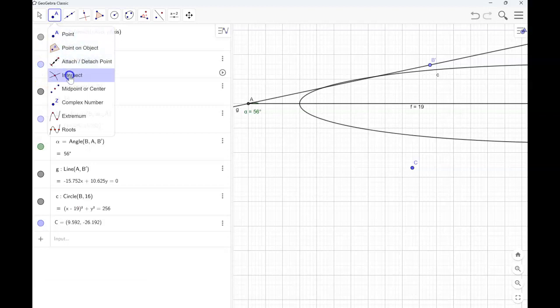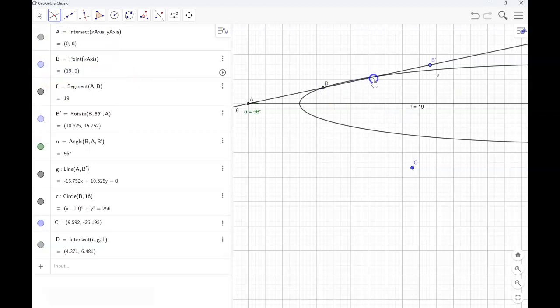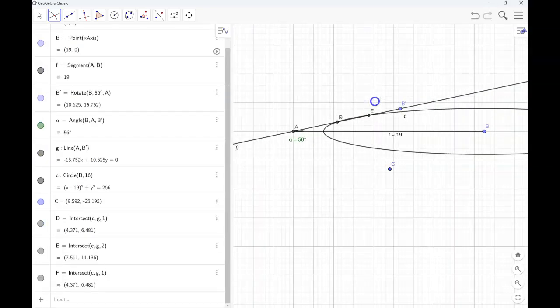Notice here that I have two separate intersections for that.